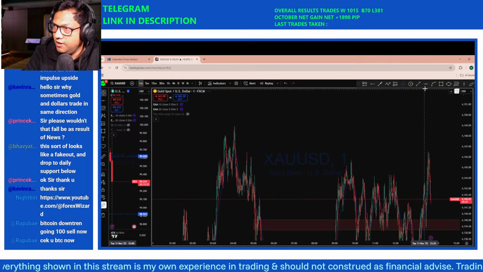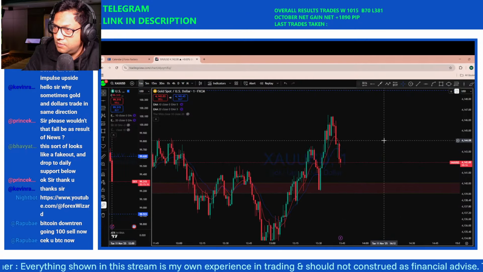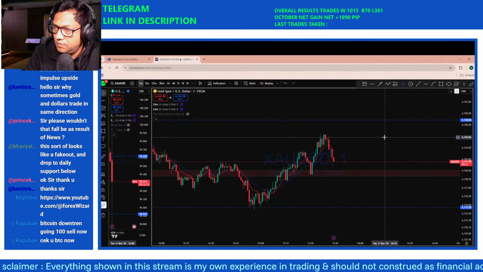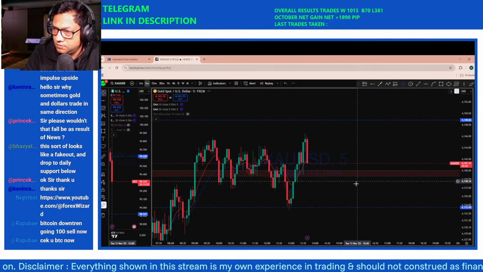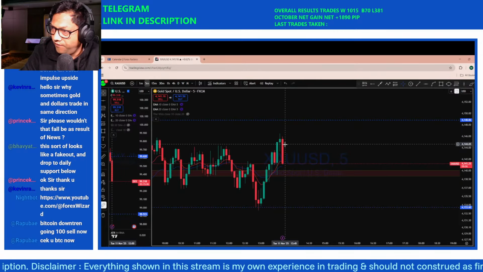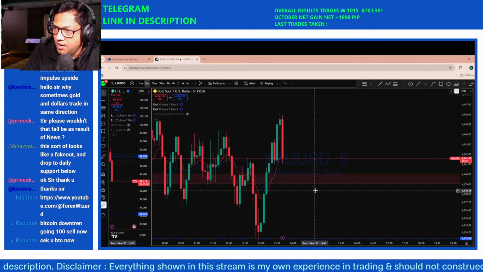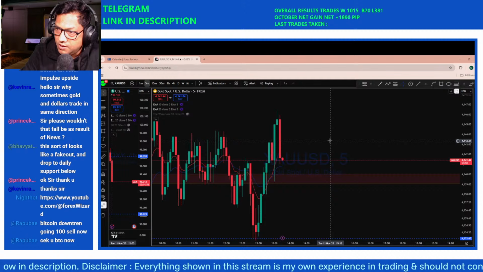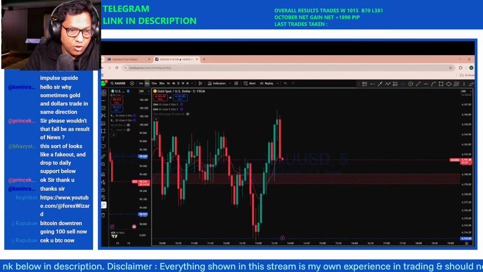Potential new higher high. So this 5 minutes candle closing, which is a big bear candle, that is what we are looking at now, the market to potentially drop down back below.